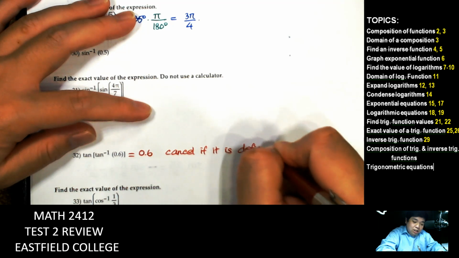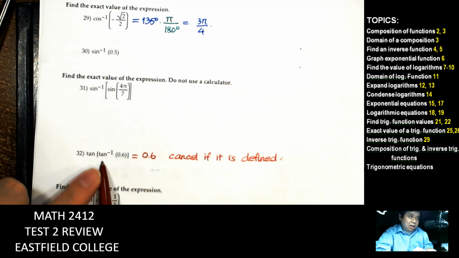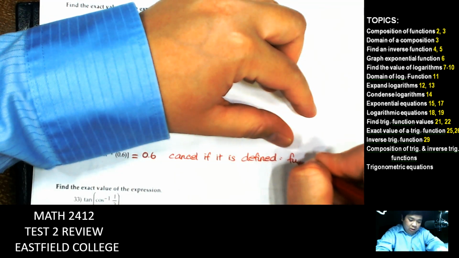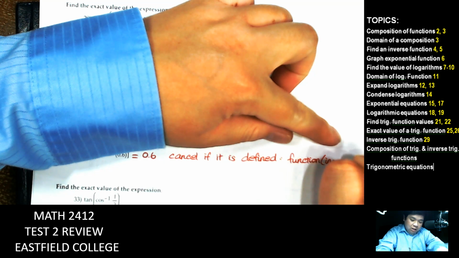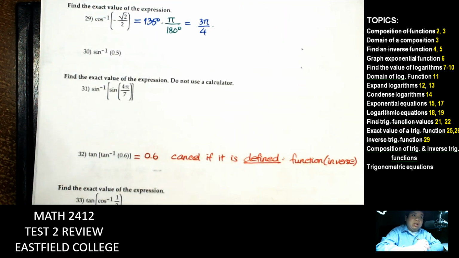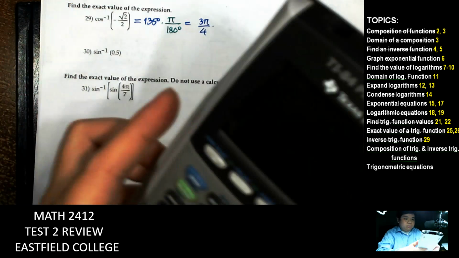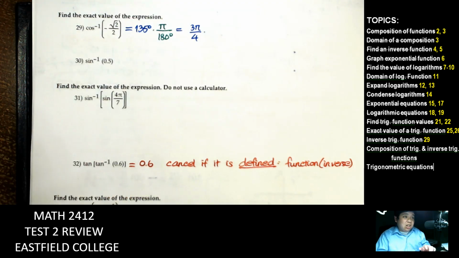So we have a function outside and the same inverse function inside. We can cancel like that, but it has to be defined. And so if we enter that in the calculator, make sure it is in the degree mode.